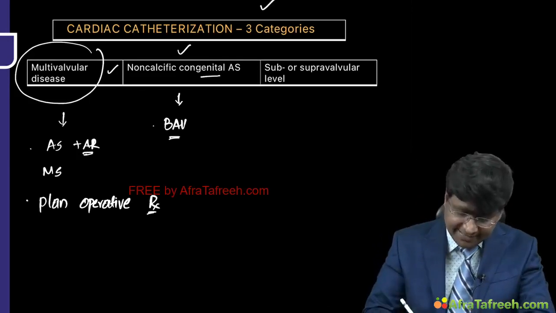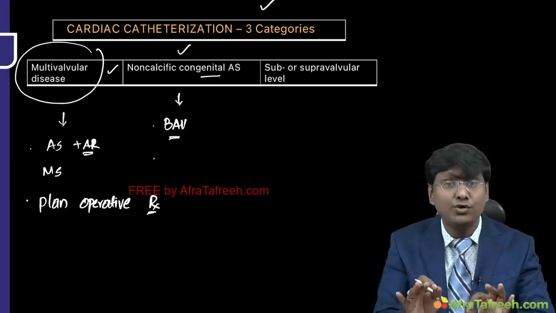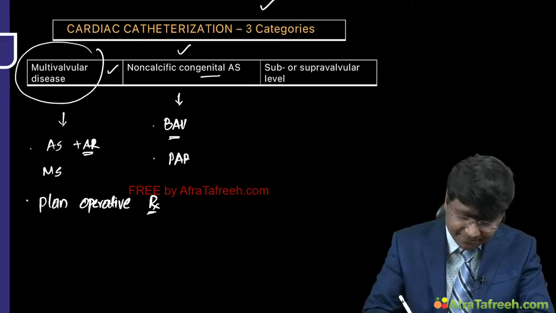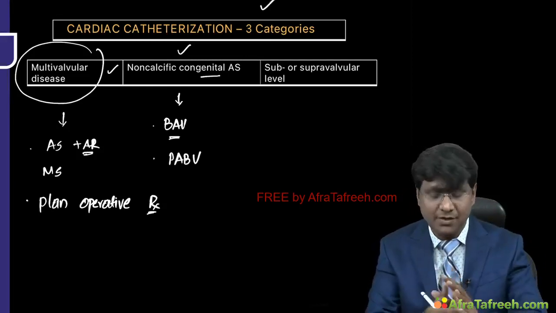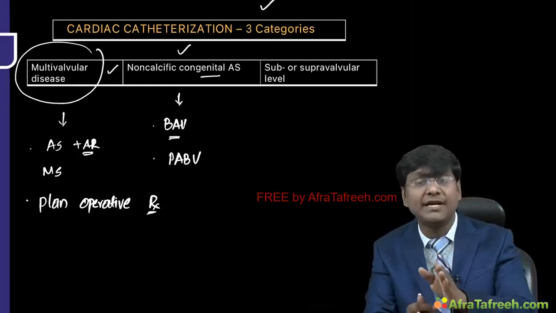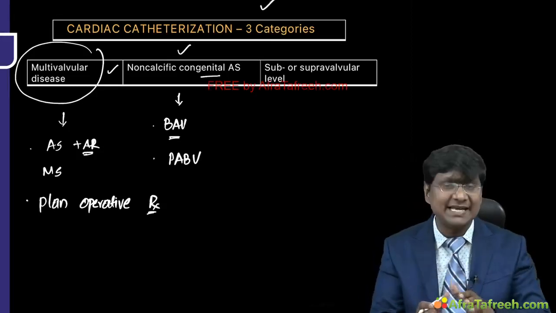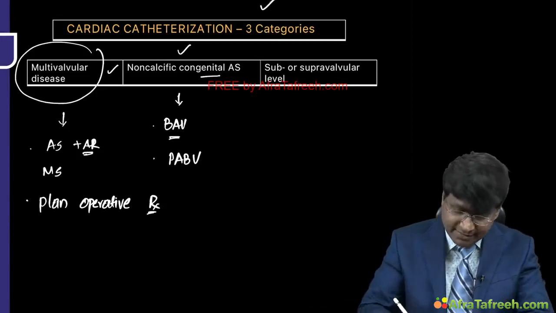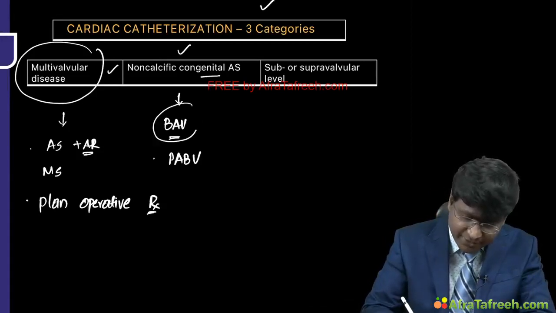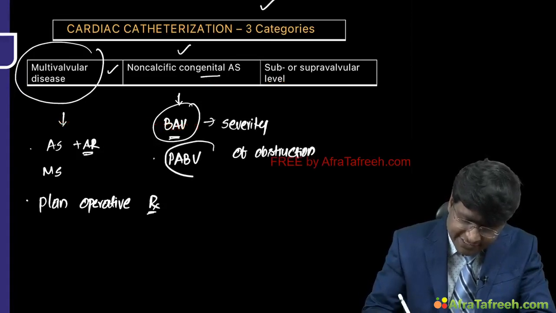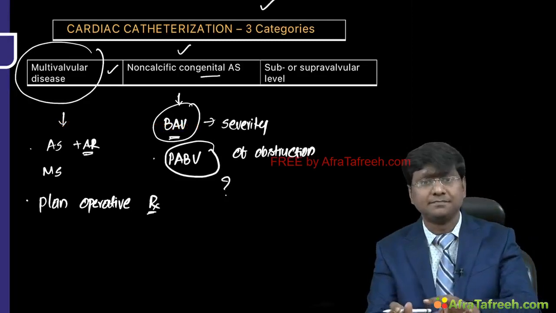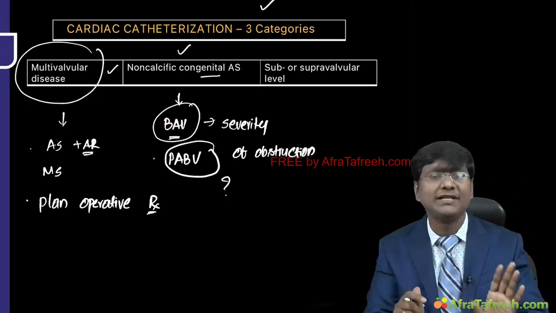Now, in these patients, if you are planning for PABV, that is percutaneous aortic balloon valvuloplasty, in order to determine the severity of obstruction and whether to plan this PABV or not, you will be able to make out by doing the cardiac catheterization.